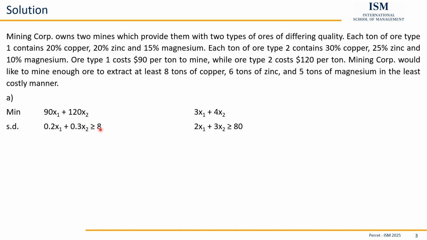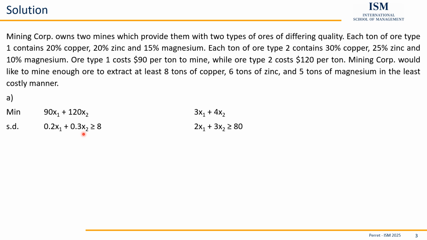And this should be larger than 8 tons. Again, as before, 0.2, 0.3, they are not nice to have in the calculation table. So if possible, we might try to avoid working with fractions or decimals. To make our life easier here, we can multiply the whole equation with 10, giving us this result.